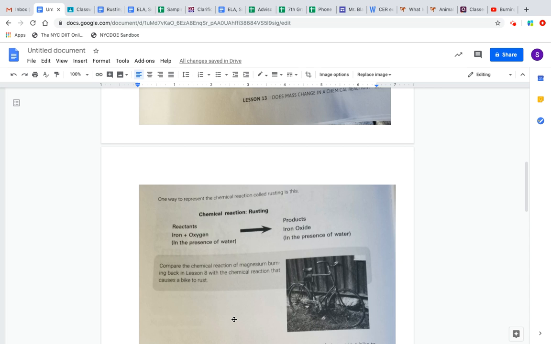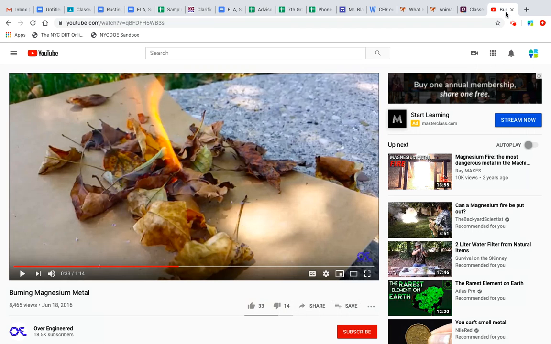Now they want you to compare the chemical reaction of magnesium burning, which was back in lesson 8, with the chemical reaction that causes a bike to rust. So I know lesson 8 was a while ago. You guys might not remember what magnesium burning looks like, so let's just look at a quick little video and remind ourselves about what magnesium burning looks like.